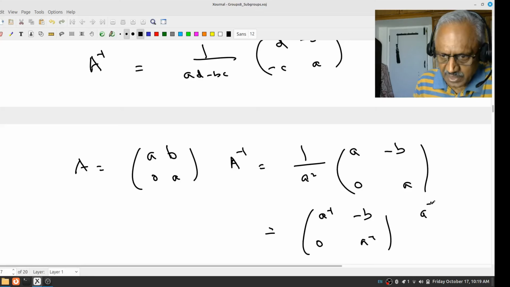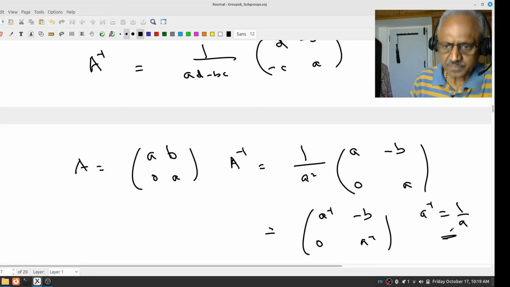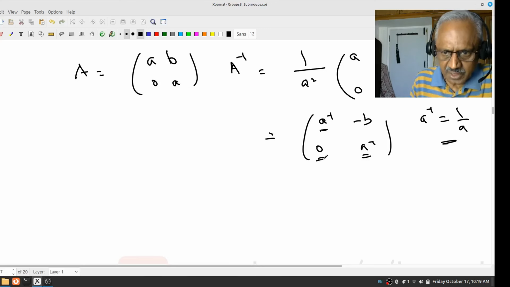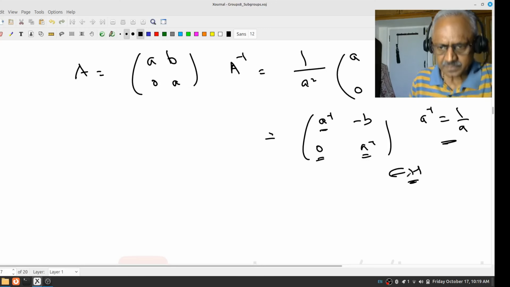Remember, A inverse stands for the reciprocal 1 by A. Now, since A is non-zero, this is non-zero, this is non-zero, this element is 0, this is an element of H.